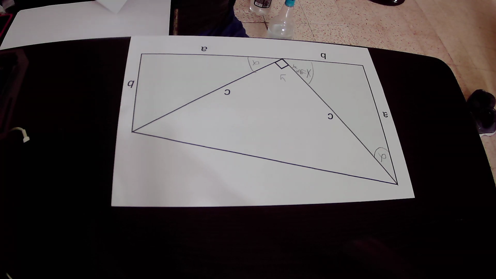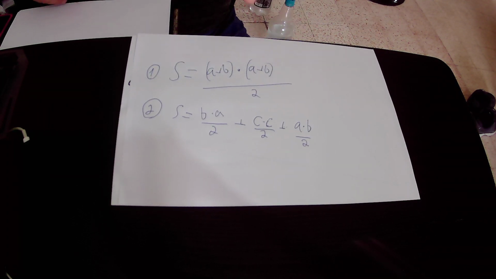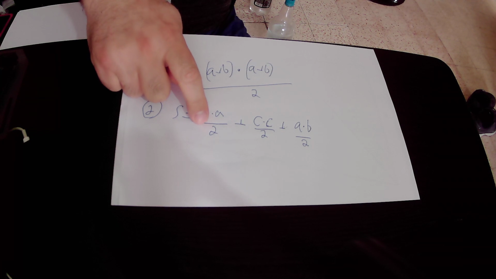So the total area of the trapeze, as we calculated it in the second way, is the sum of the areas of the three triangles that the trapeze contains. The area of the right triangle is B times A divided by 2.